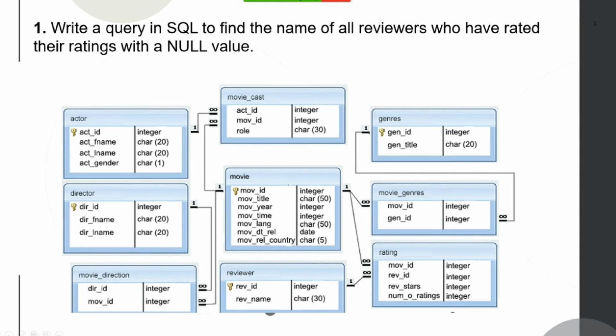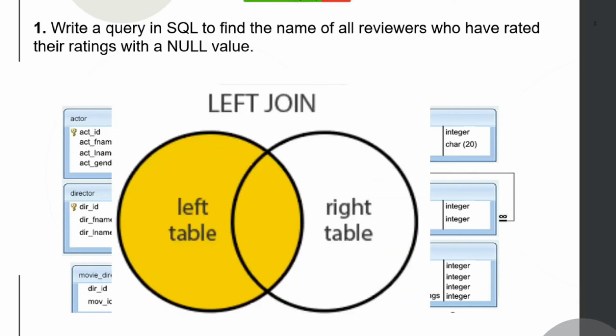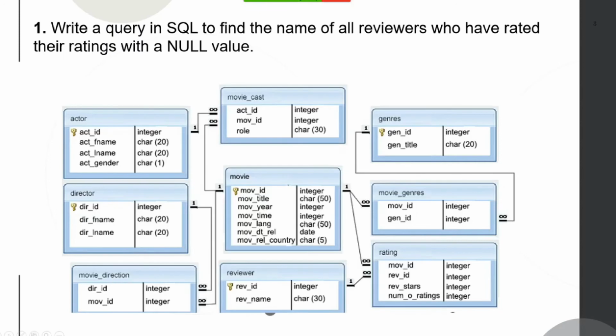If it is asking for all the reviewers, then what will strike my mind? Everything from this table and very little from that table, meaning an outer join. Is it coming into your mind? Maybe outer join, but read the question properly. Are you going to fetch all the reviewer names? No, you are going to fetch only those reviewer names who have rated with a null value.